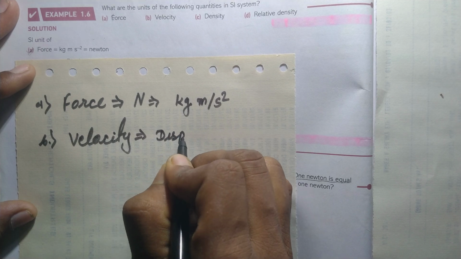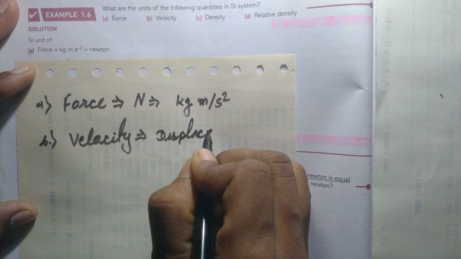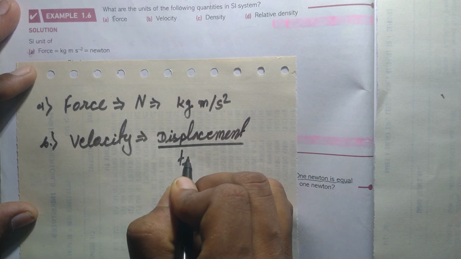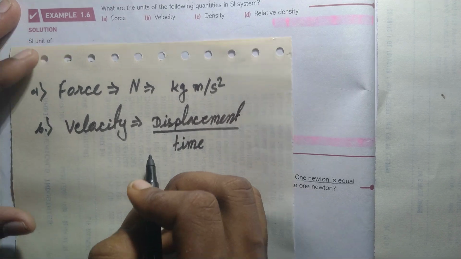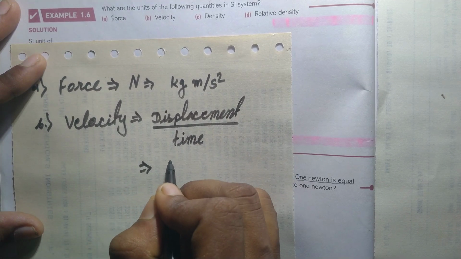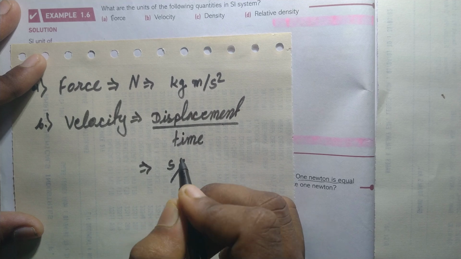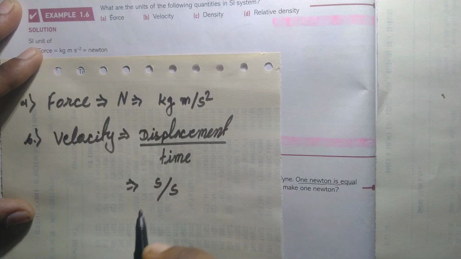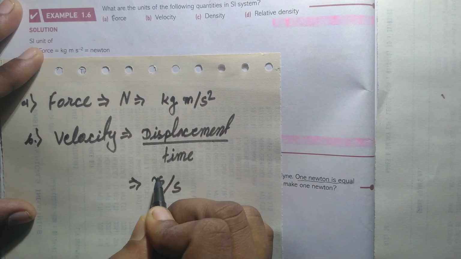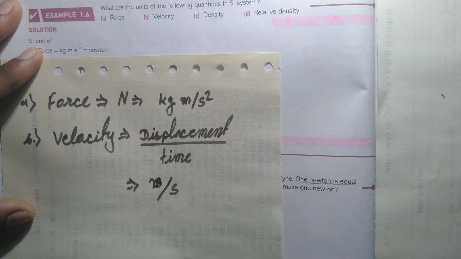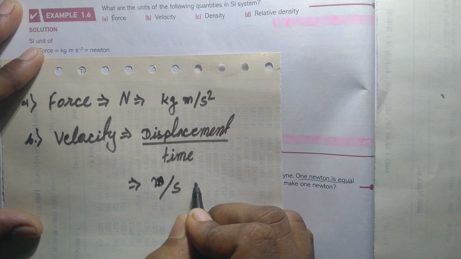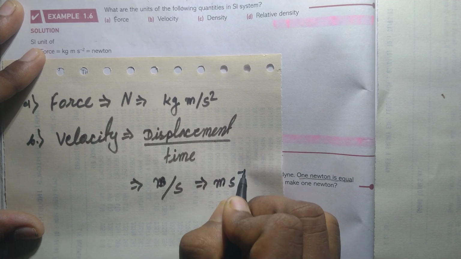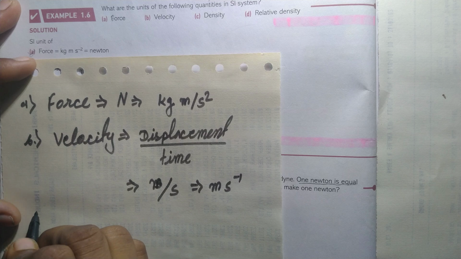Displacement is represented in meters and time is represented in seconds. So the unit is meter per second. Got it?